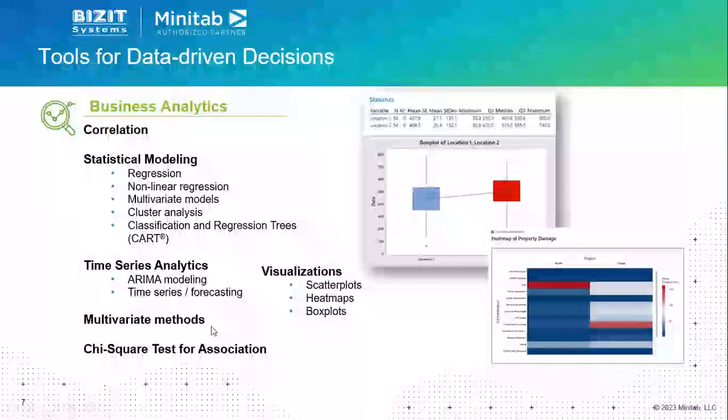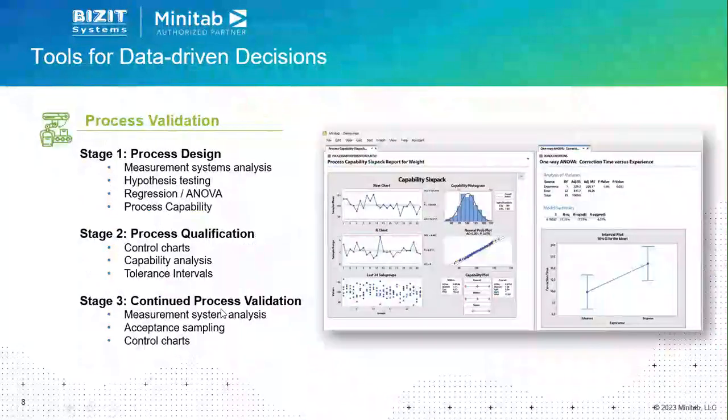Maybe you want to group them, where you don't have any response but you have the factors, so you can go for the multivariate method. Your aim is to group them, so we have PCA, principal component analysis, in there. And then we also have process validation. But if, let's say, we go for non-manufacturing, maybe it doesn't include this process validation.